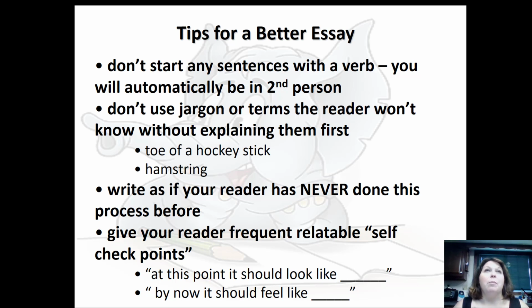Someone was making a paper airplane for me in an essay. So of course I had the piece of paper and I'm trying to make the paper airplane. And in one of the first steps, the paper airplane has a square on the bottom and a triangle on the top. So the reader self-checkpoint was, at this point, the piece of paper should look like a house.